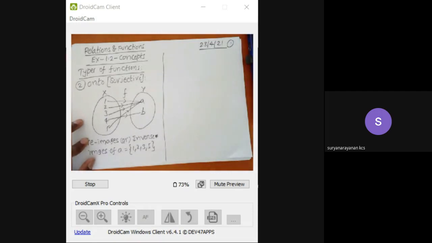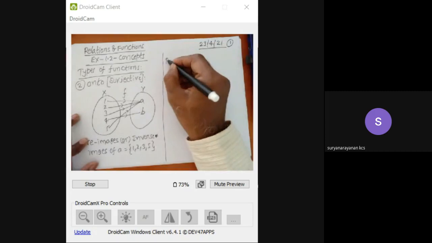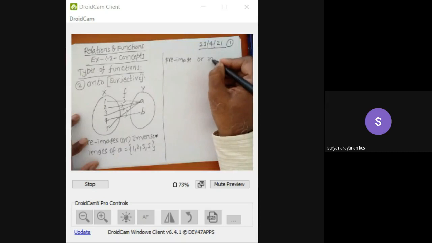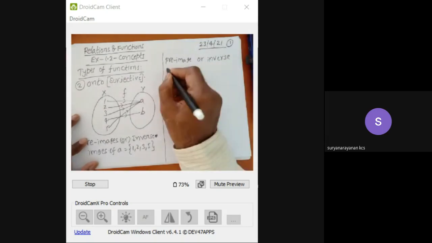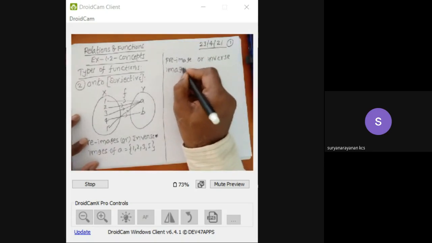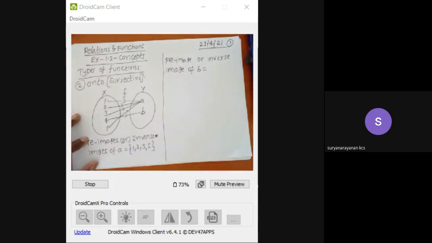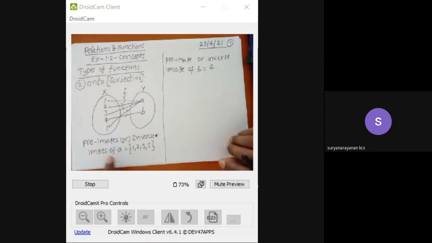All these 4 elements are pre-images of element A. Now come to the inverse image of B. What is the inverse image of B? 4, sir. Very good. Only one element. But in the case of A, there are 4 pre-images.